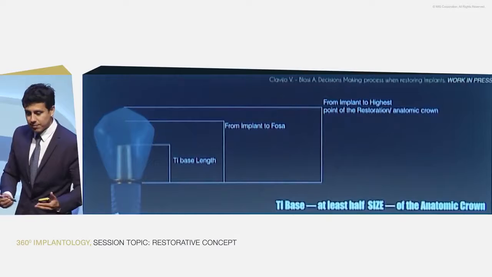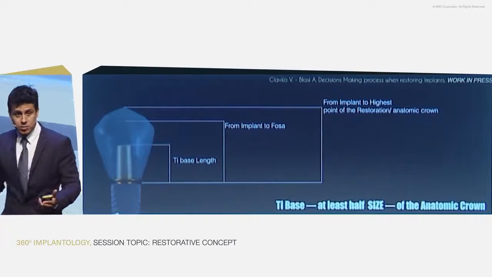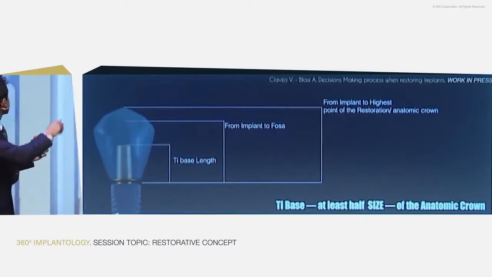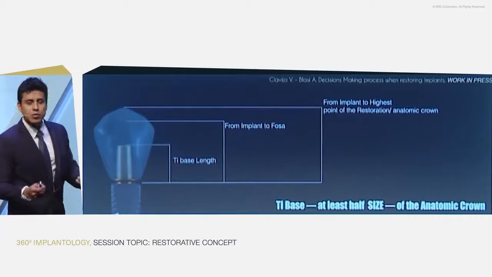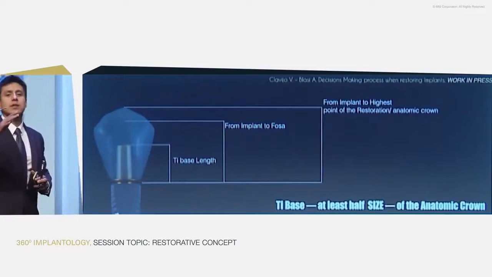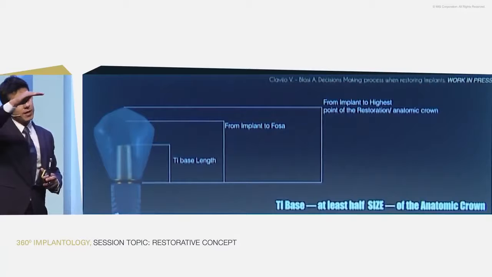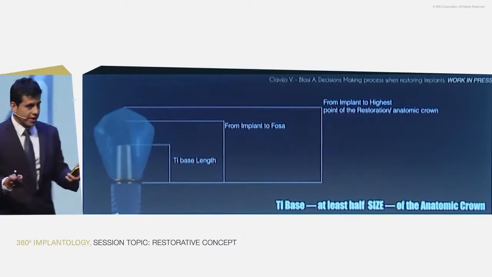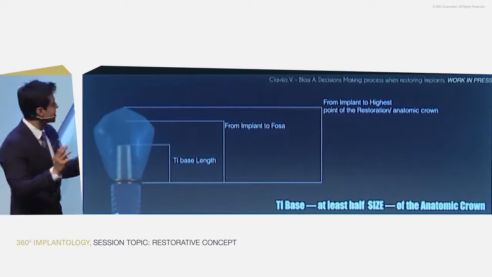So you can use a tie base with 6 millimeters so that you can achieve your tie base close to the fossa, but also you can work with your tie base with 4 millimeters, because 4 millimeters will be half of 8 millimeters. So the math, I know that it's too fast, but try to take home these things.